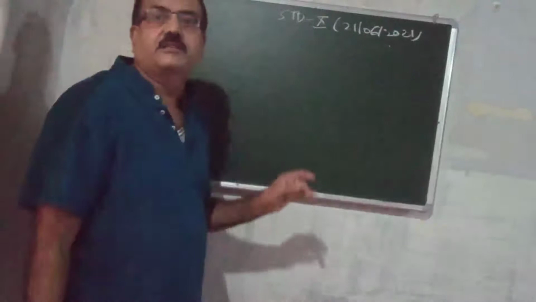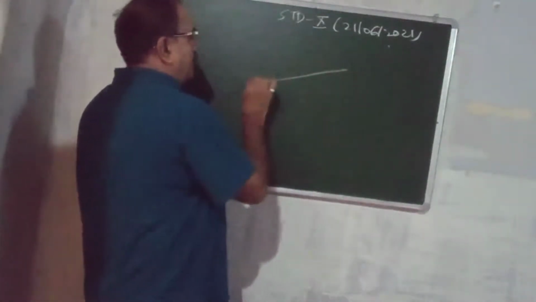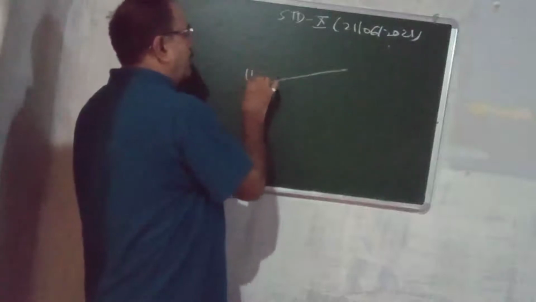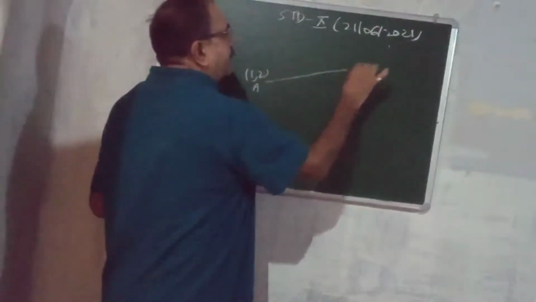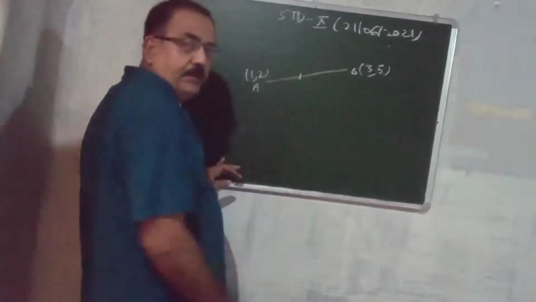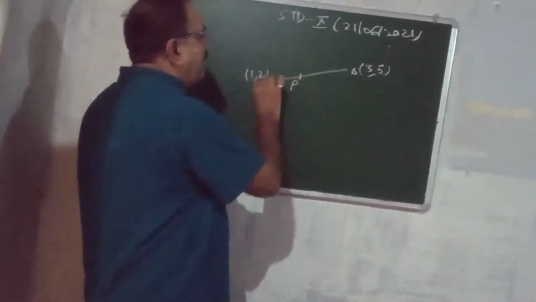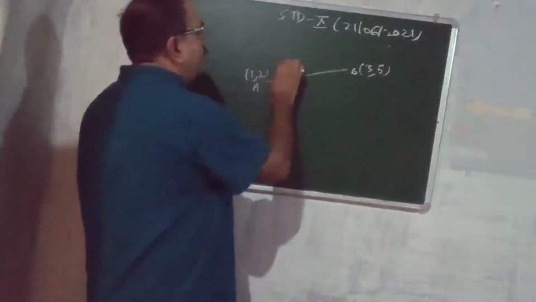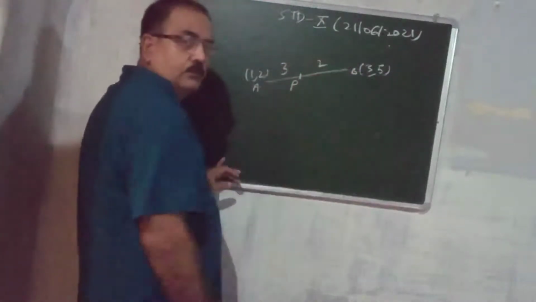Now using this, how do we solve the questions? Let us see. A coordinate is given as (1, 2), B coordinate is (3, 5), and a point P divides this in the ratio 3 is to 2.